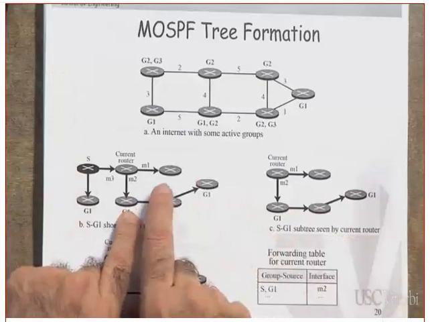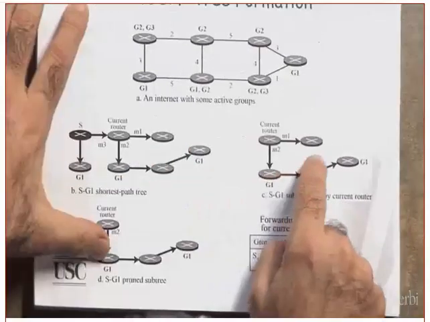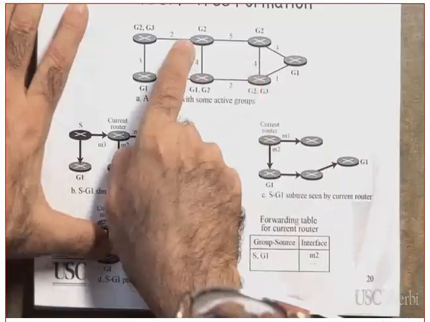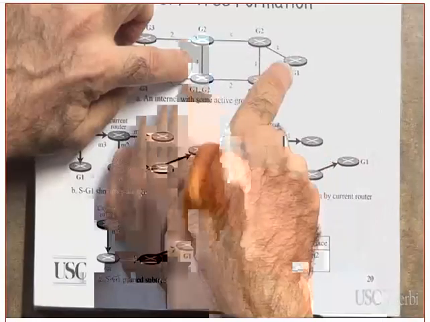Now, the PIM. Let's look at the PIM right now, the protocol independent multicast. Unlike the previous protocols, the MOSPF and the DVMRP, which is based on flood and prune, this one works only if the routing protocol is a distance vector, or SPF.